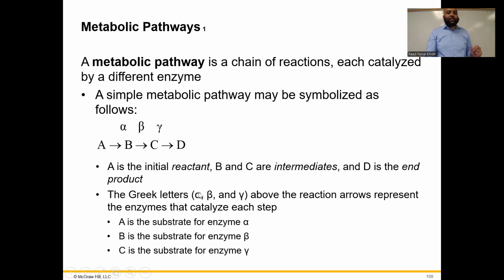So the Greek letters, alpha, beta, and gamma above the arrows, represent the enzyme that catalyzes each step. So A is the substrate for enzyme alpha. So alpha gets you from A to B, and beta gets you from B to C, and C to D is catalyzed by the enzyme gamma. So D is my product, A is my reactant, B and C are my intermediates.